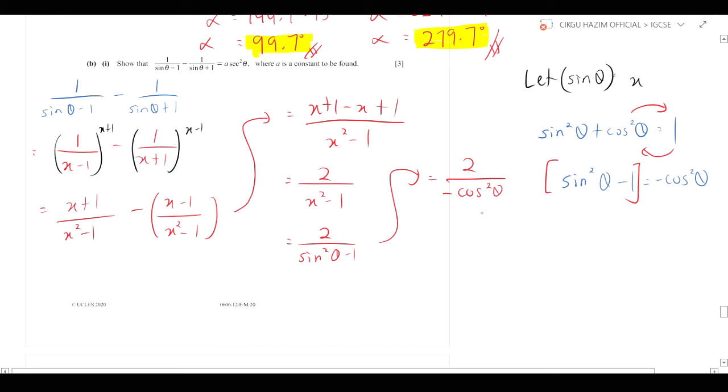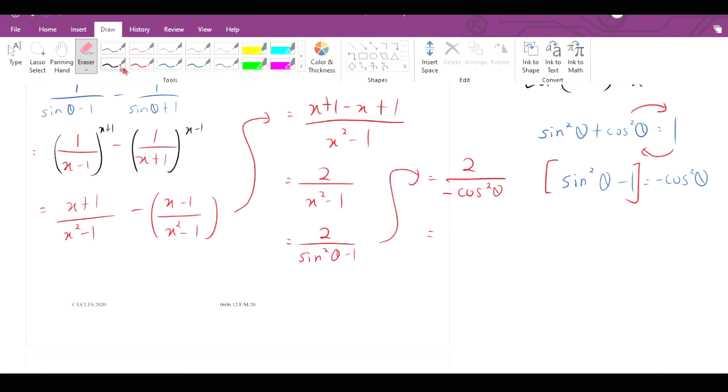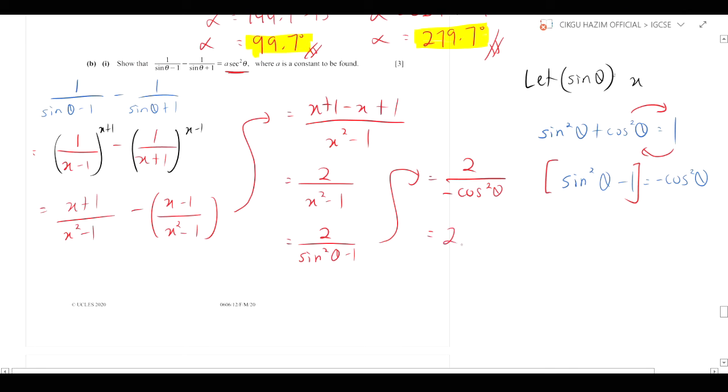2 over negative cos squared theta is also equal to, remember 1 over cos is equal to secant, negative 2 secant squared theta. Or maybe if I'm going too quick, it's also given by 2 over negative 1 multiplied by 1 over cos squared theta.